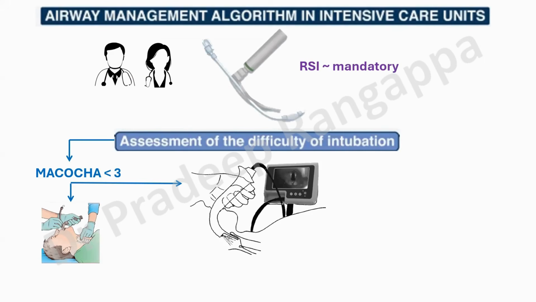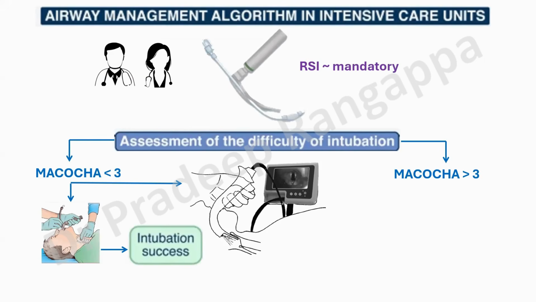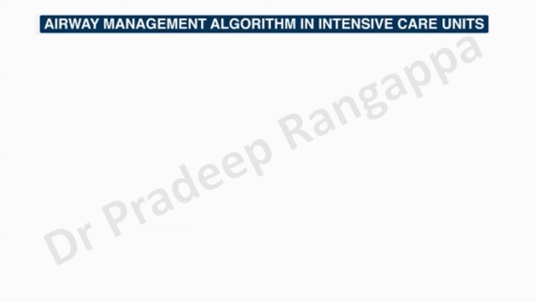Current recommendations suggest that video laryngoscopy is a better way to intubate. If Mallampati is more than 3, the recommendation is to go for video laryngoscopy. So the time has come that most departments, either emergency or ICU, should invest in having video laryngoscopy.